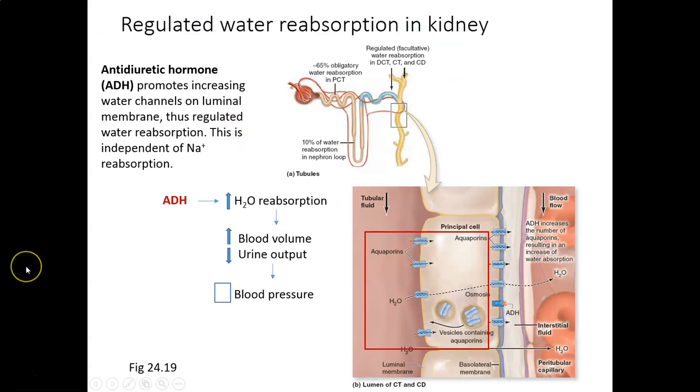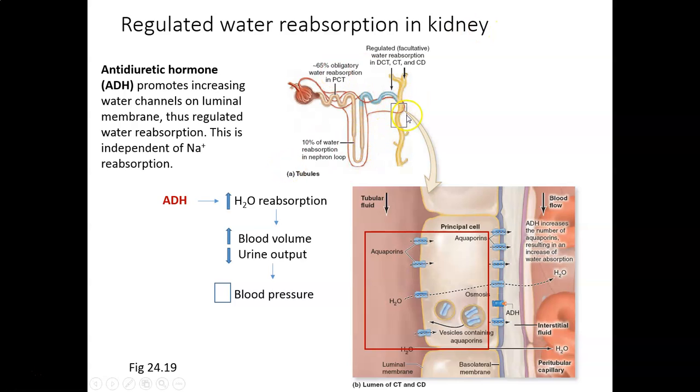And how about water reabsorption? Similar to sodium, about 75% is reabsorbed in the PCT. You can see the number 75% is pretty consistent throughout all the different substances we talk about here. About 10% of the water is reabsorbed in the nephron loop.